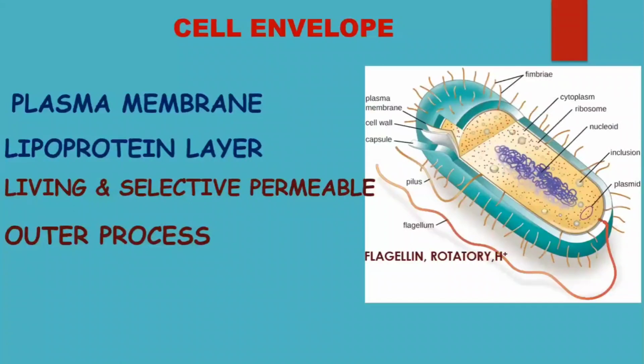Second, there they provide whipping movement, while here the flagella provide rotatory movement. In case of eukaryotic, ATP energy is required, while in case of prokaryotic, it is proton H plus ions that are responsible for movement. Already I have told you the number of rings in case of gram positive and gram negative are different.